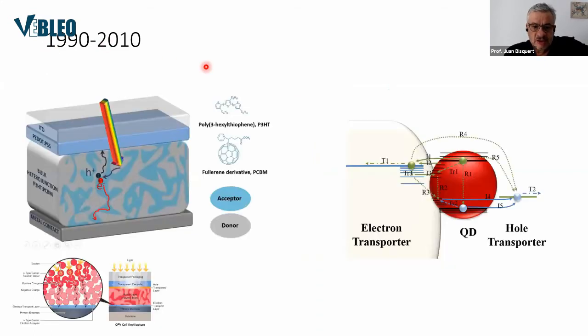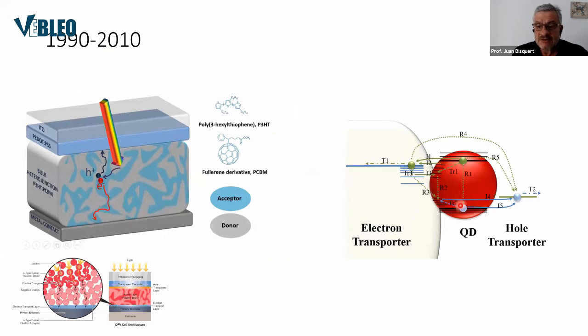So this is the first concept. And another concept is the fully organic solar cell. In this case, this is a blend of organic materials that are electron and hole conductors. Here you also have excitation and charge separation, and you have transport in a heterogeneous nanostructured material.